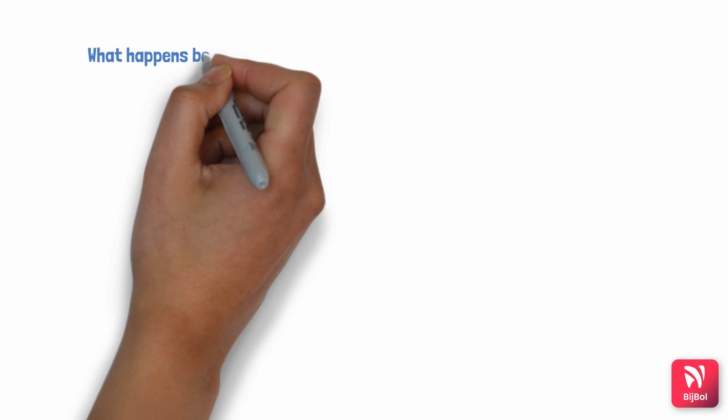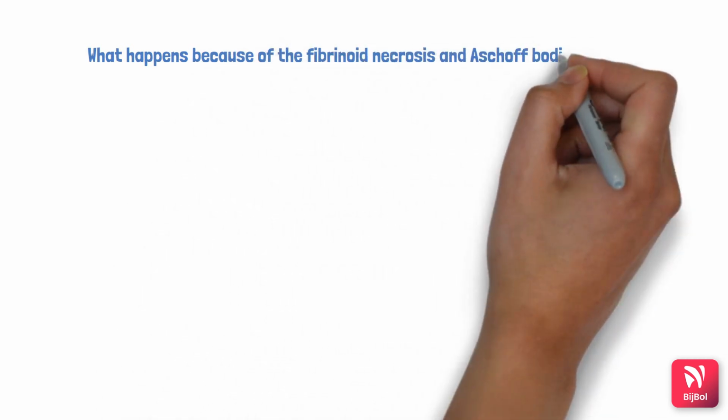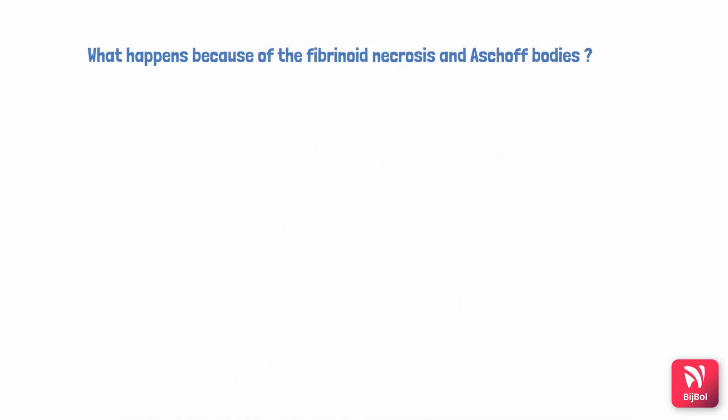These are non-contractile. Because of the fibrinoid necrosis, there is increased fibrin content, and the Aschoff bodies cannot contract, so there is a decrease in the contractility of the heart. The heart cannot contract to its fullest.